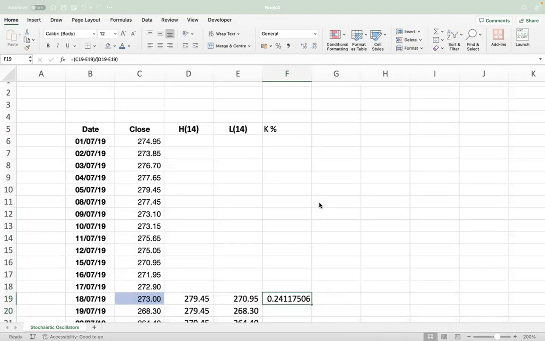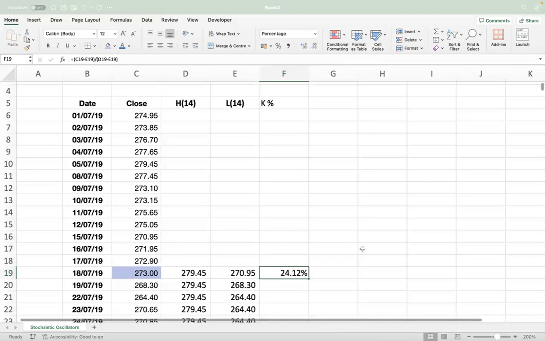Now we multiply it by 100. Why? Because we have to express it as a percentage. So I can just convert it to a percentage here. And that's your K line.